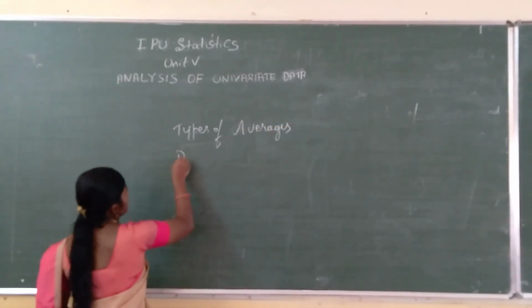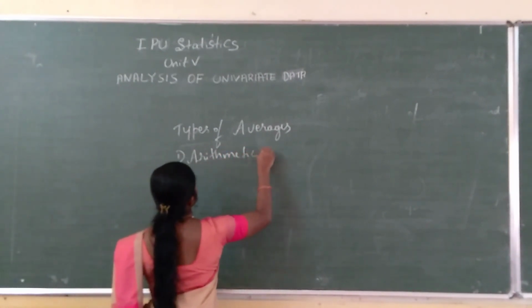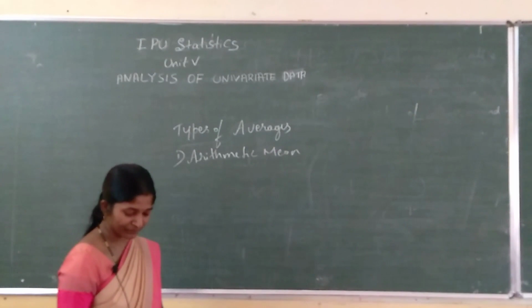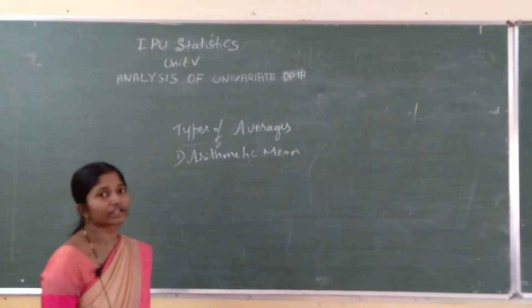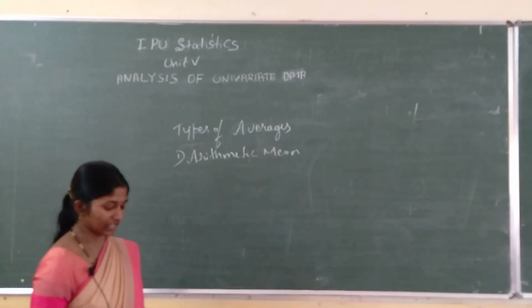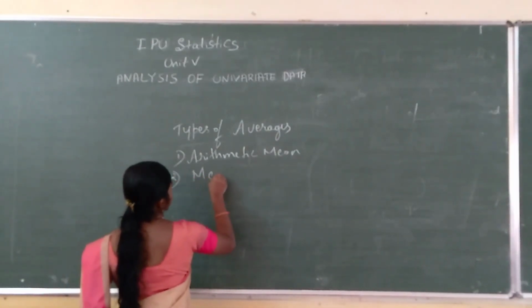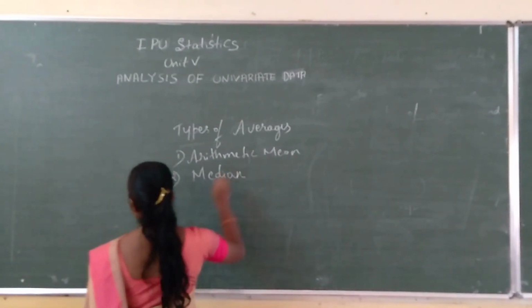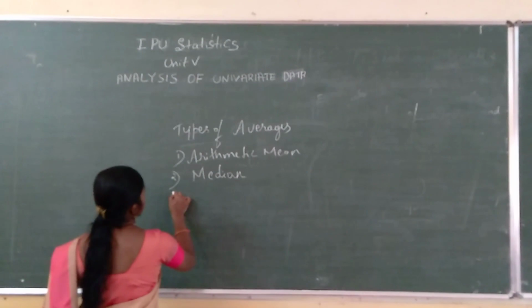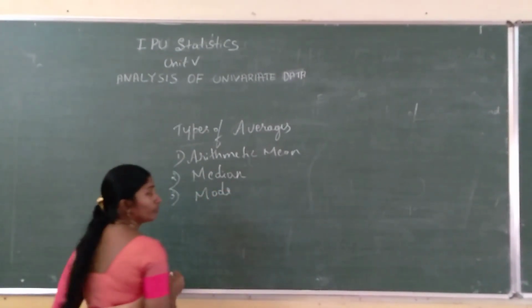Types of averages. One is arithmetic mean, AM, or we can say Ankaganita Sarasari. Second one, median, means Madhyanka. Third one, mode, means Bahulaka.